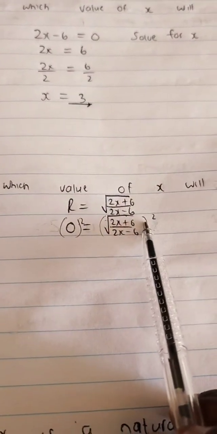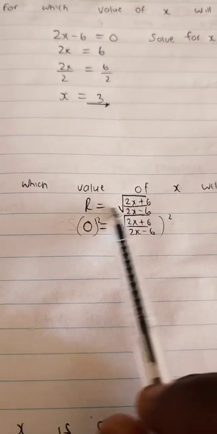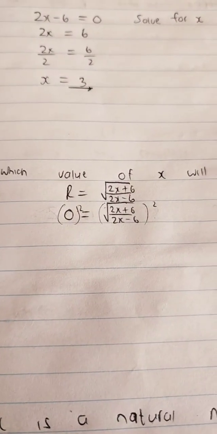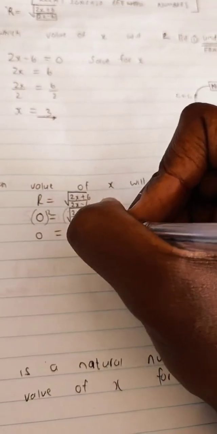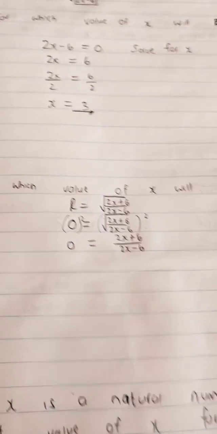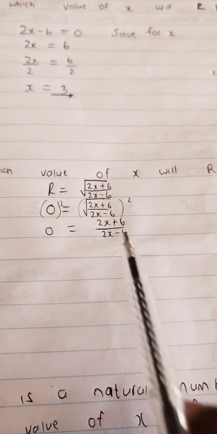Why do we square both sides? We square both sides so that we can get rid of the square root. Thank you, Ndoni. Definitely, we square both sides. When we do that, that leaves us with 0 is equal to 2x plus 6 over 2x minus 6.